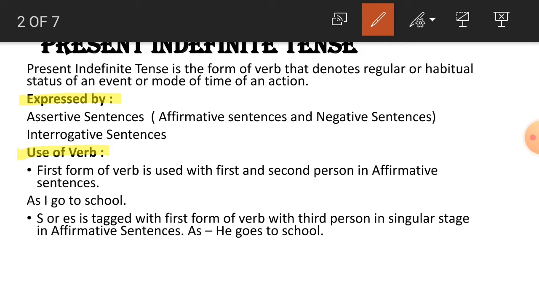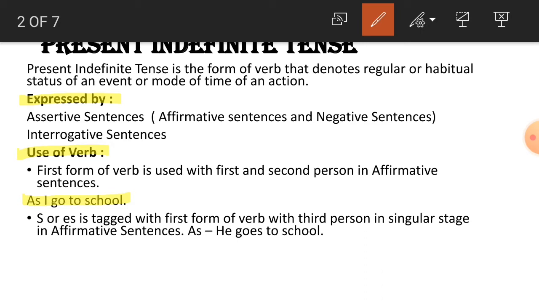In affirmative sentences, there is no need to use a helping verb. It means the main verb does the action of a verb and of a helping verb. Both works are done by the main verb. That's why there is no need of a helping verb. As: I go to school.